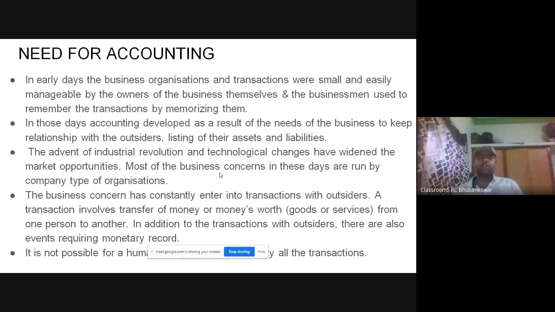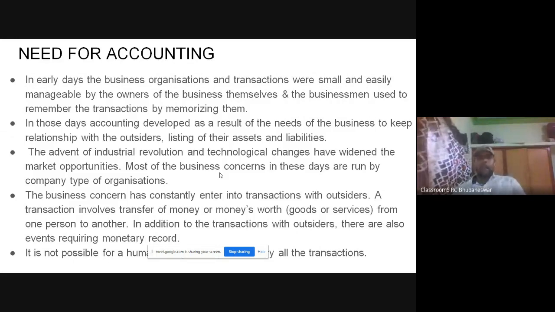Next, the business concern has constantly entered into transactions with outsiders. A transaction involves transfer of money or money's worth, or goods and services, from one person to another. In addition to transactions with outsiders, there are also events requiring monetary records.